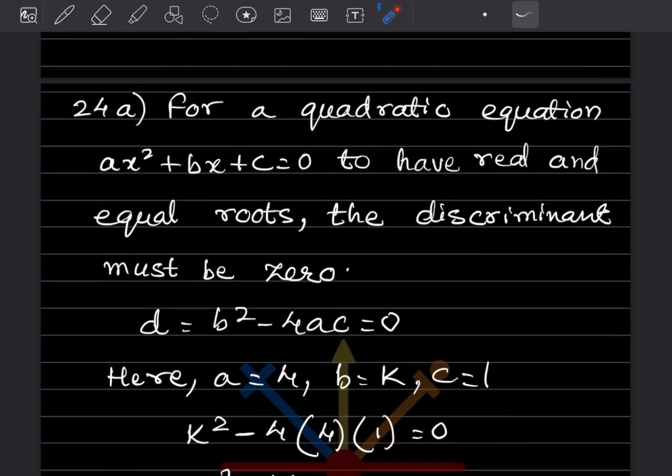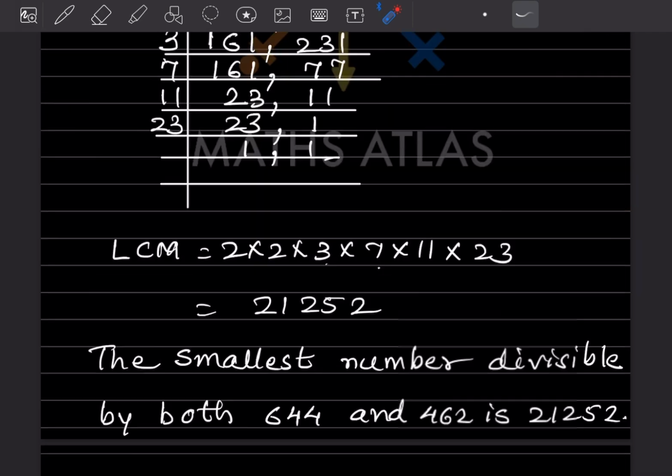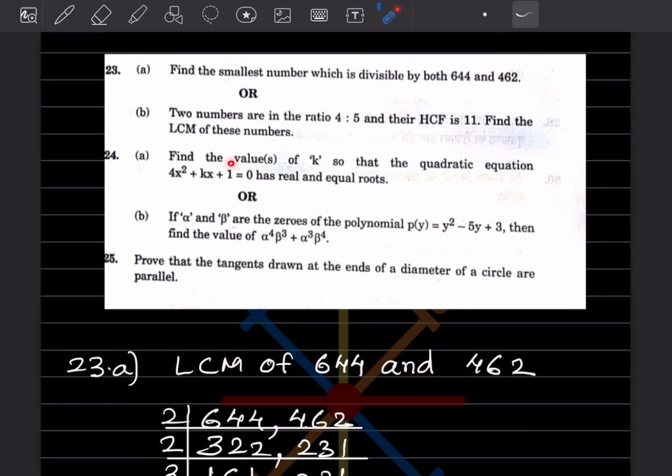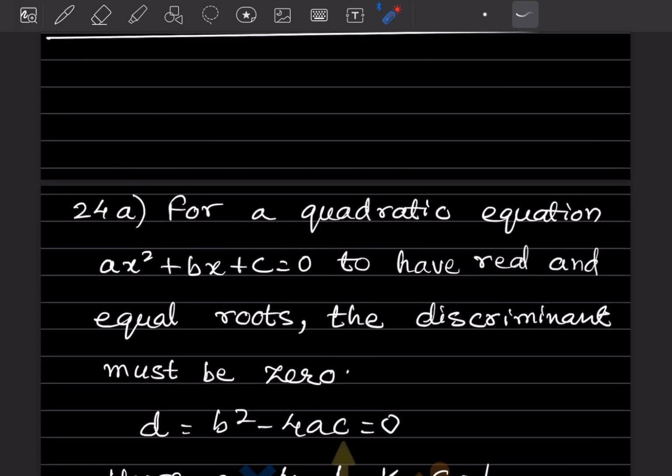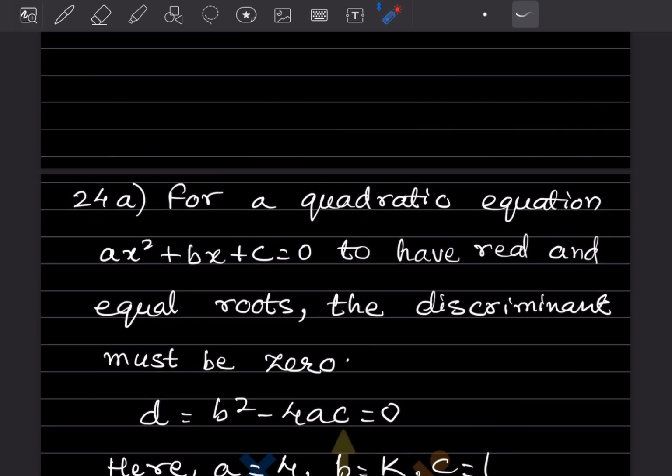For a quadratic equation, first let us see the question. Find the values of k so that the quadratic equation 4x square plus kx plus 1 is equal to 0 has real and equal roots. For the real and equal roots of a quadratic equation, this is the general form. To have real and equal roots, the discriminant should be 0.